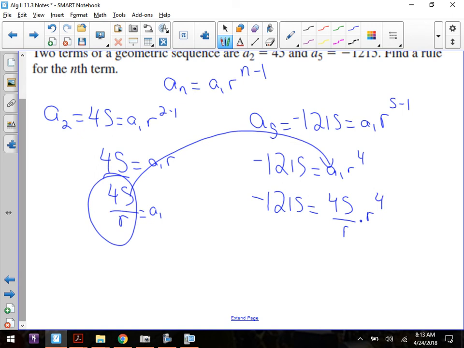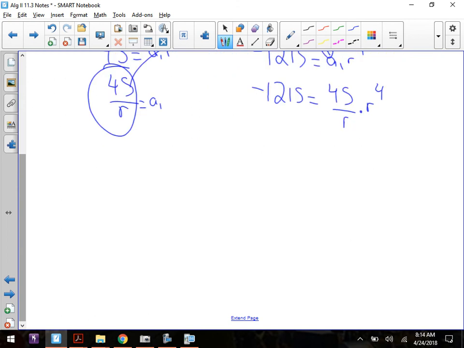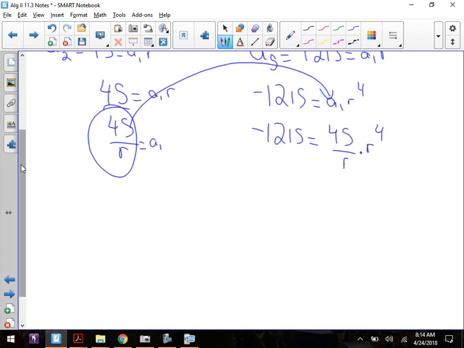What does that simplify to being on the right-hand side then? 45r to the 3rd. If you solved for r by itself, you can, but then you'd have to take 45 over the first term equals r, and then I'd have to raise it to the fourth.